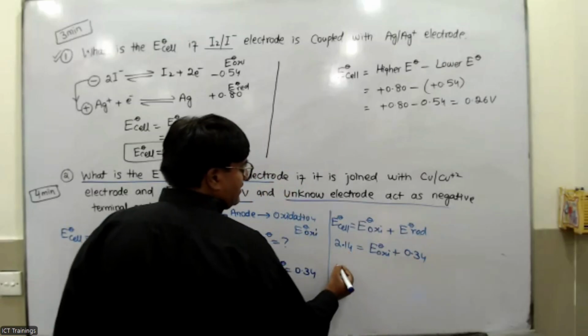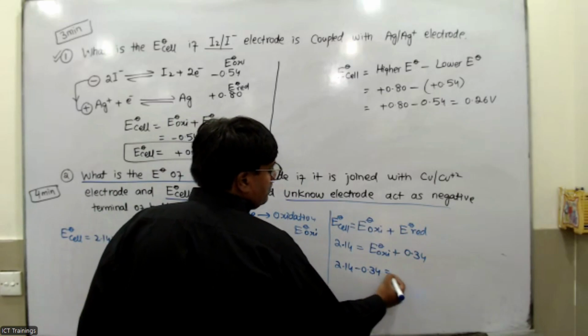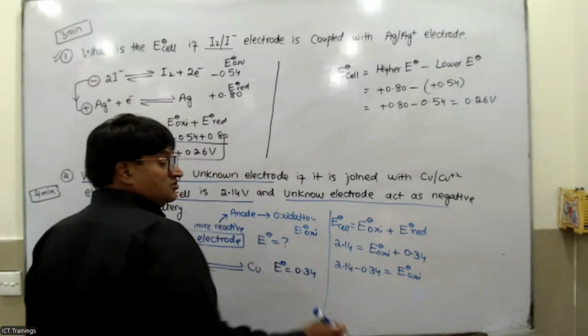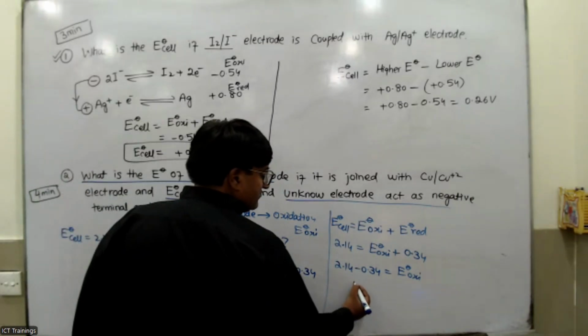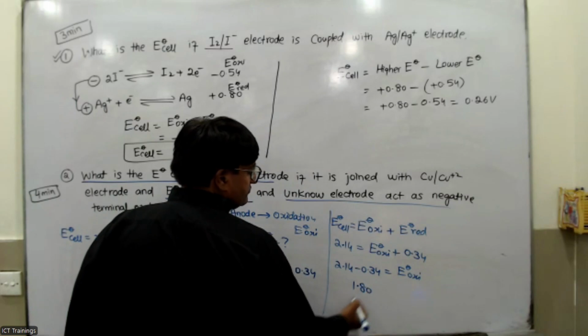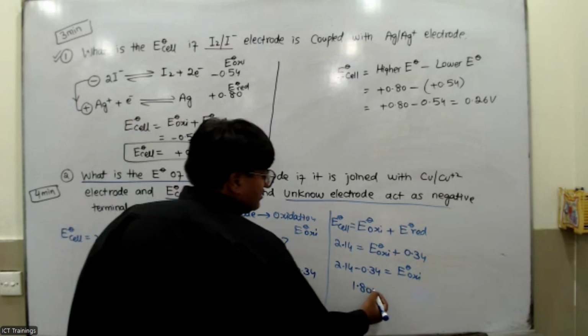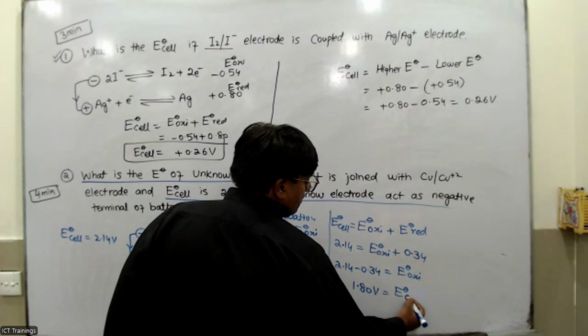This one would go to the other side to be subtracted: minus 0.34, that is E naught of oxidation. If you just subtract it, what will you get, guys? 1.80. Yes, 1.80 volt. That is the E naught of oxidation.